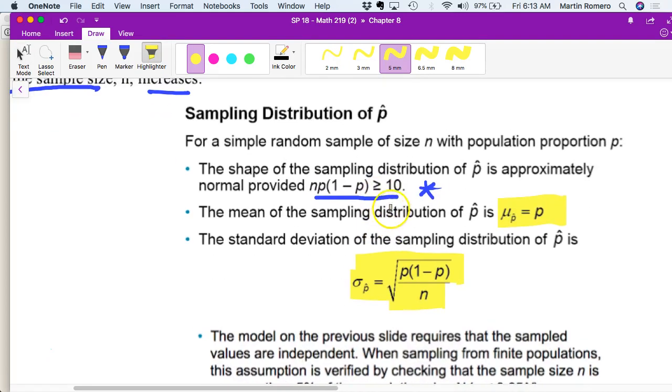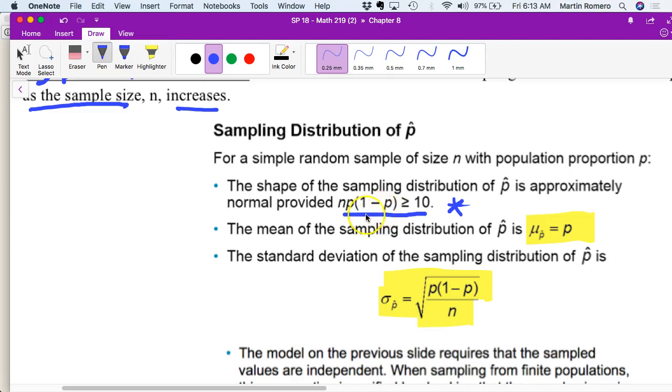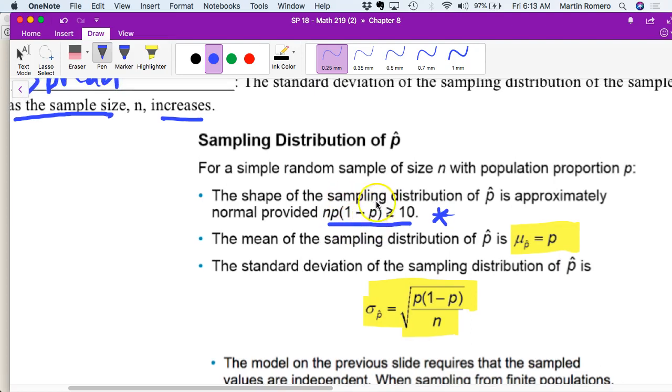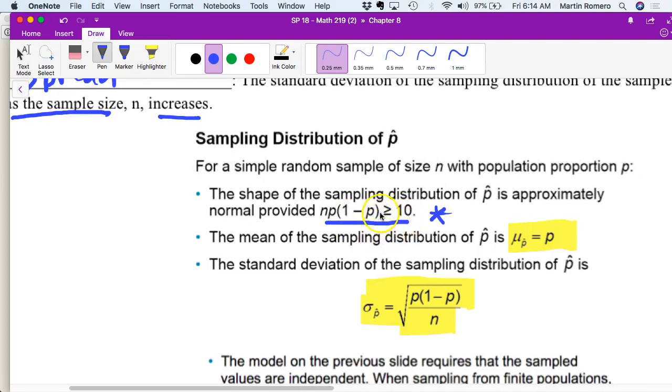We're connecting this to the previous problem. This is similar, where n needed to be greater than 30 for the distribution of means. Here we have a tougher condition to meet: n times p times 1 minus p has to be greater than or equal to 10.